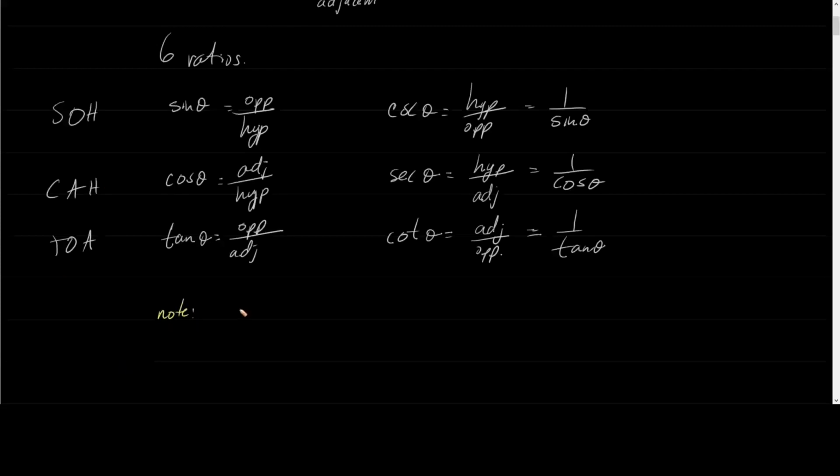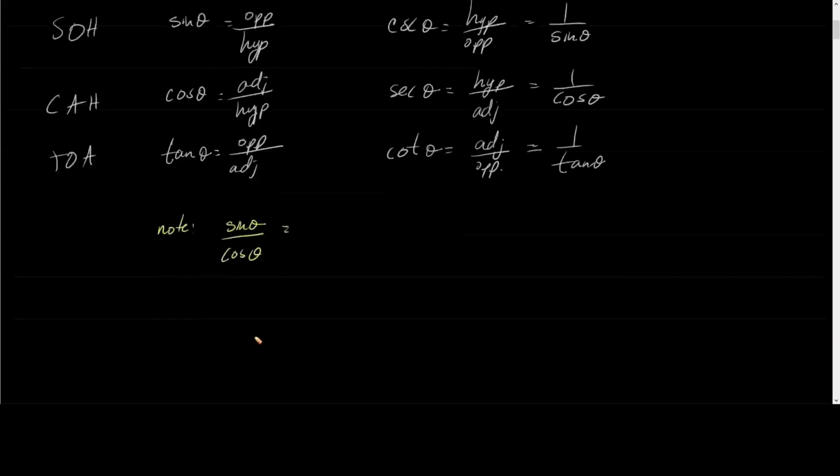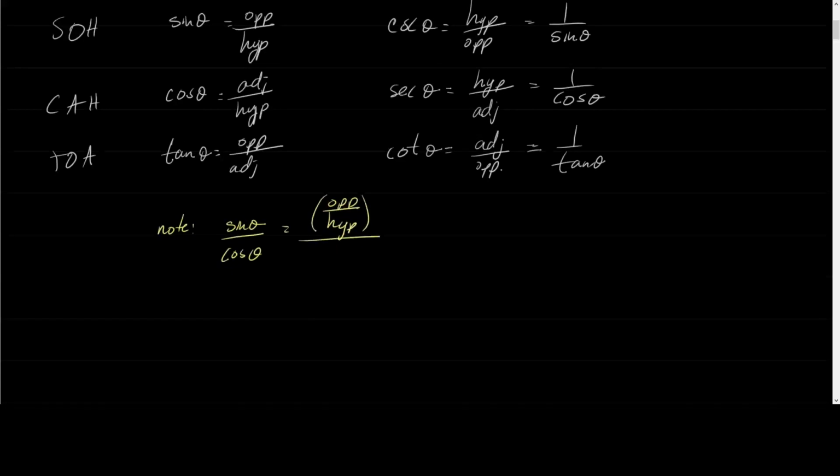Note. If I take sine theta over cosine theta, what I end up with here is, well, sine was the opposite over the hypotenuse over cosine, which was the adjacent over the hypotenuse. So now we've got a fraction divided by another fraction. We know that when we divide by a fraction, it's the same thing as just multiplying by the reciprocal.